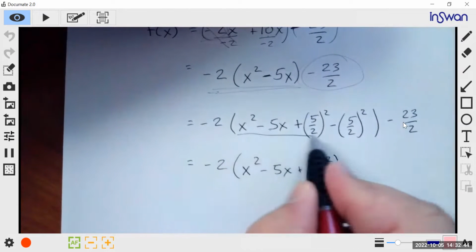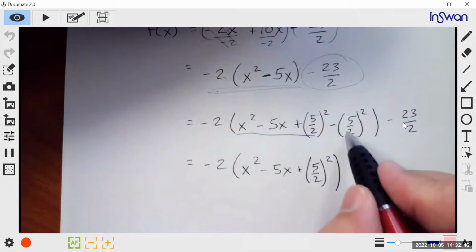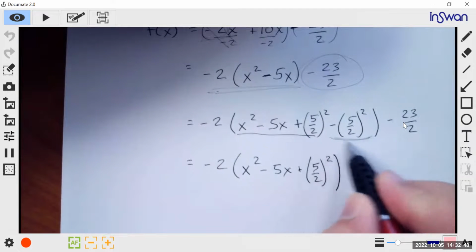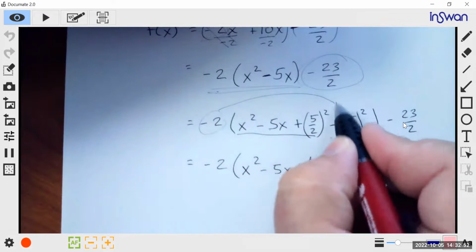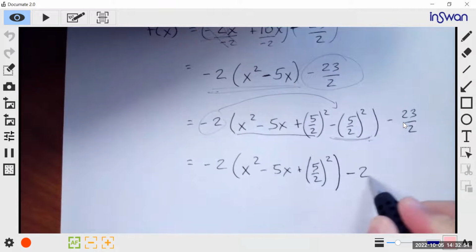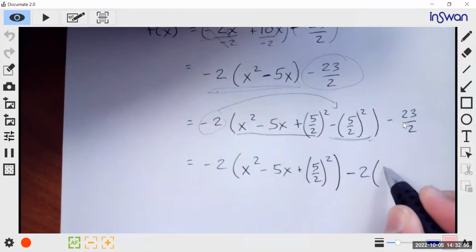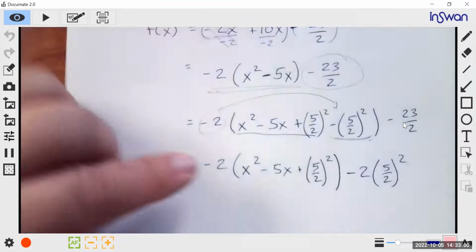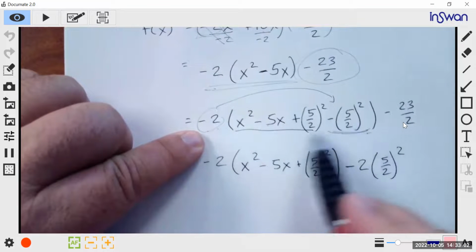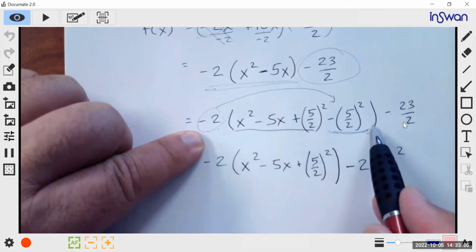That's the first part I want to deal with. Now, if I want to get this one out of there, its coefficient, that -2 belongs to everybody inside the parentheses.